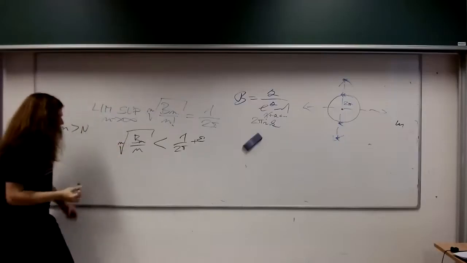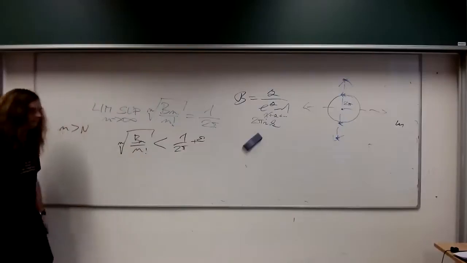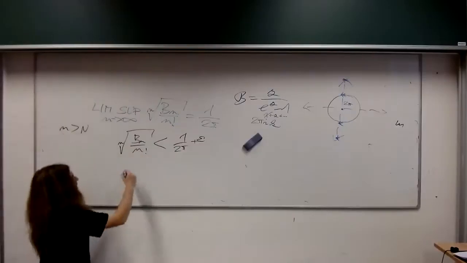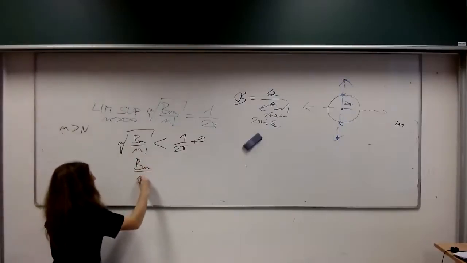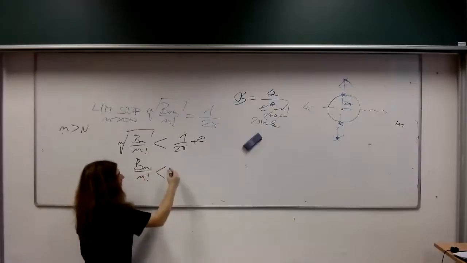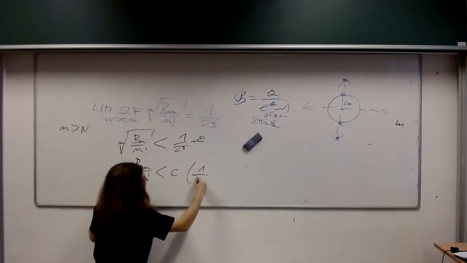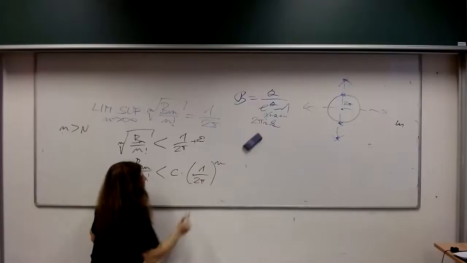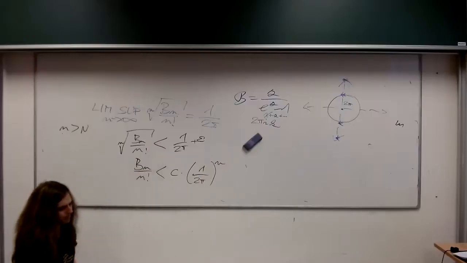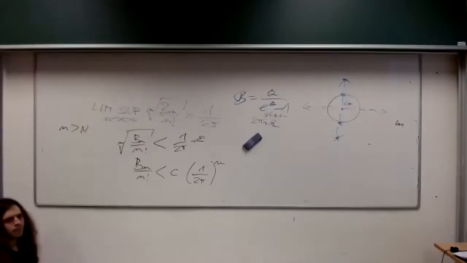So in fact, this means that if we take the nth power, and here's a factorial, then we have that B_n over n factorial should be less than some constant times 1 over 2 pi to the power of n, because this epsilon can be made as little as we want. Don't you want an absolute value?